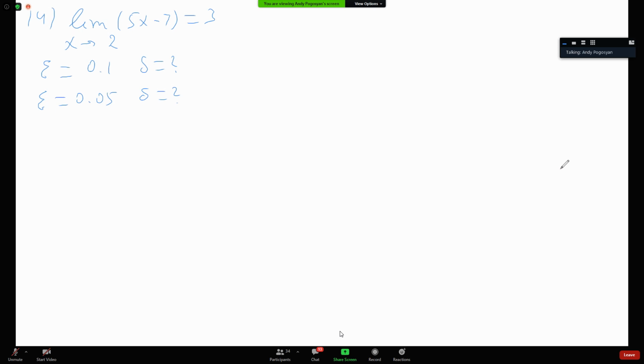When x is 1, we have −2. When x is 2, we have 3.